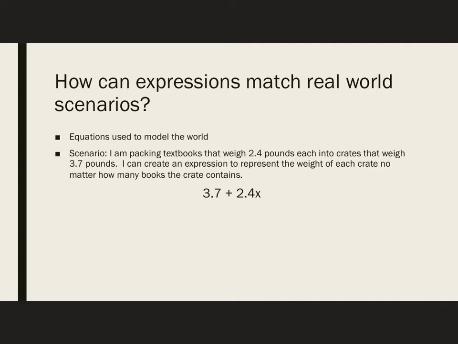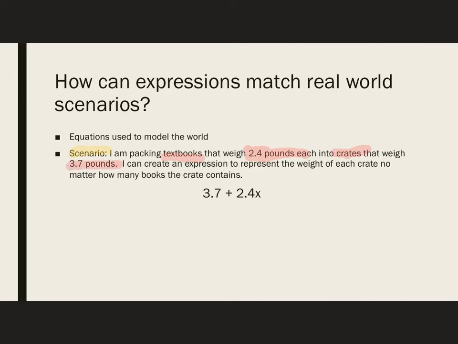So equations can be used to model the world. Let's look at this first scenario. I am packing textbooks that weigh 2.4 pounds each into crates that weigh 3.7 pounds.